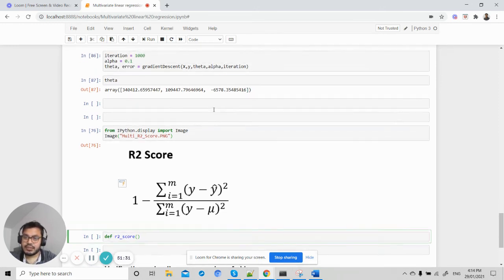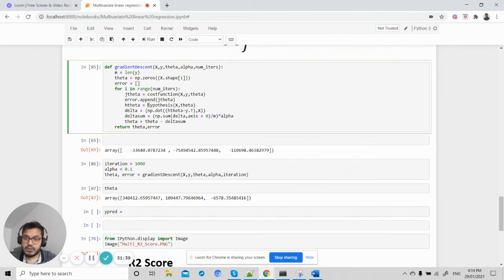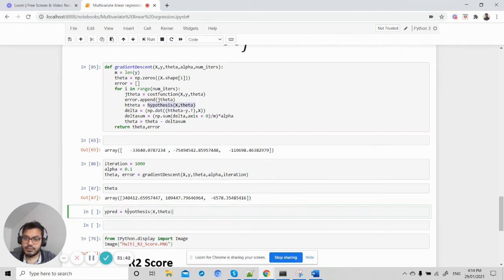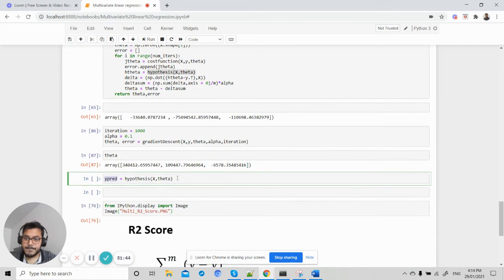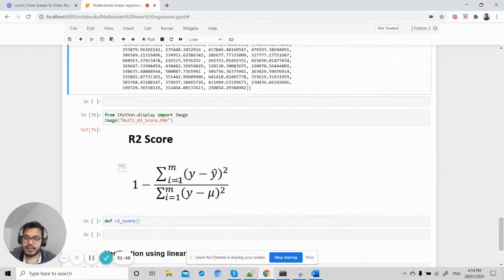So one thing to note is now we can make our prediction. We know the value of theta. So our predict will be hypothesis of one. So this is my predicted output. Okay. So now let's calculate the R score, y comma y, right?